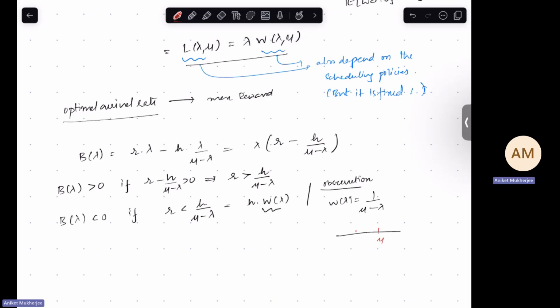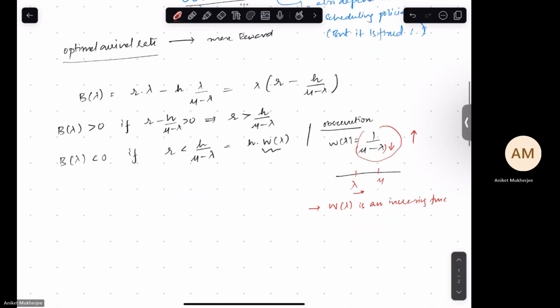We know that lambda is less than mu, right? If we keep on increasing lambda, then mu minus lambda decreases, so the denominator decreases and W(lambda) increases. So the observation is that W(lambda) is an increasing function of lambda, right?